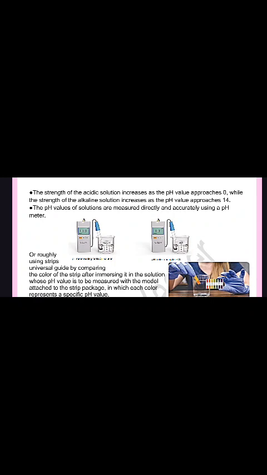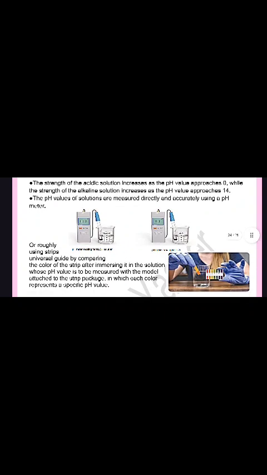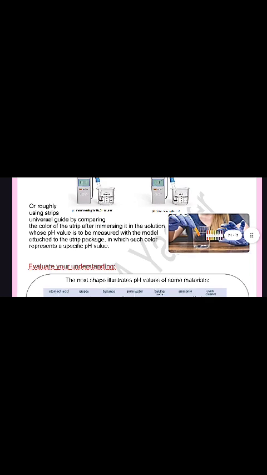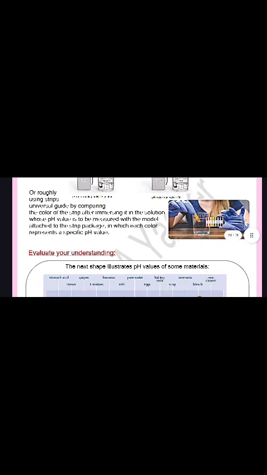The pH values of solutions are measured directly and accurately using a pH meter, or roughly using strips of universal indicator, by comparing the color of the strip after immersing it in the solution whose pH value is to be measured with the model attached to the strip package, in which each color represents a specific pH value.